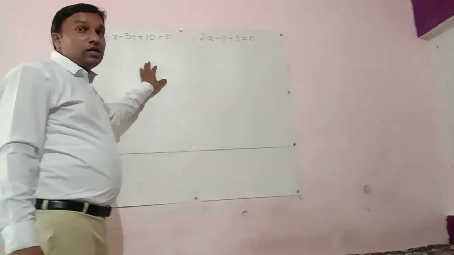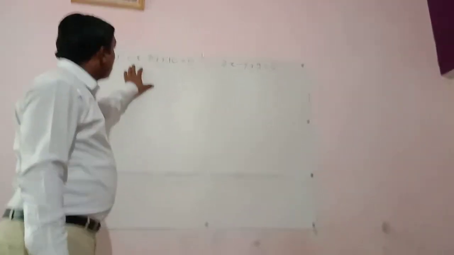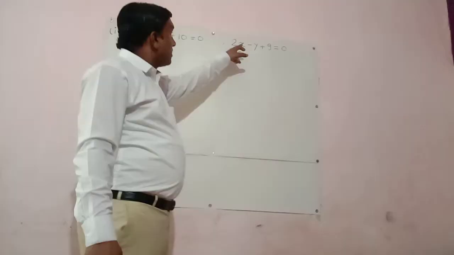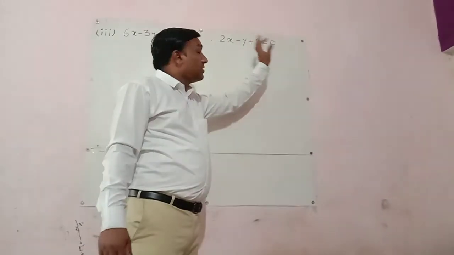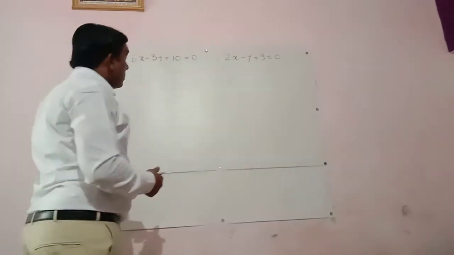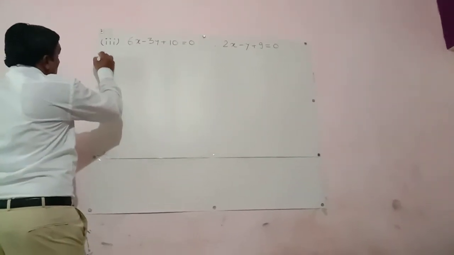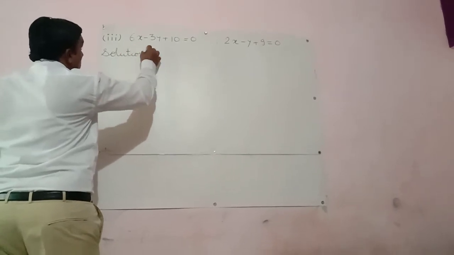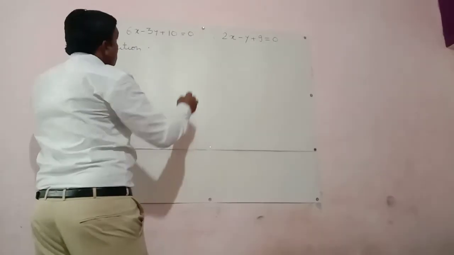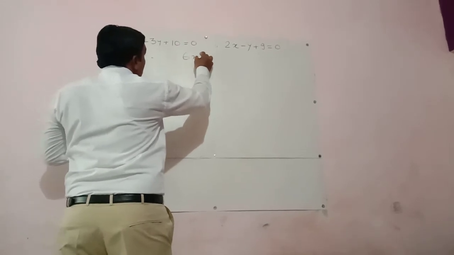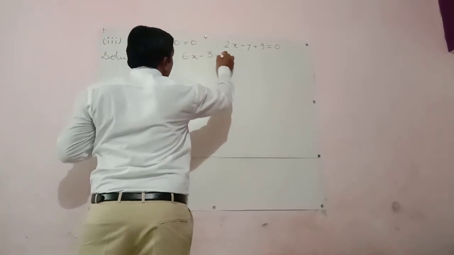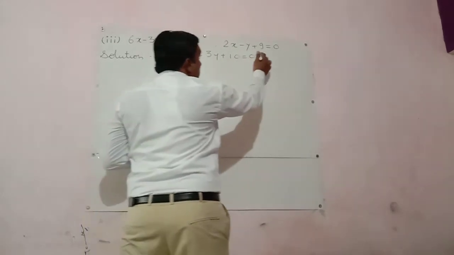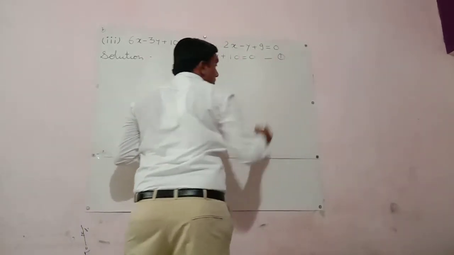Now we move on to our third example, that is 6x minus 3y plus 10 equal to 0 and 2x minus y plus 9 equal to 0. Here is our solution. So here 6x minus 3y plus 10 equal to 0 is our first equation.